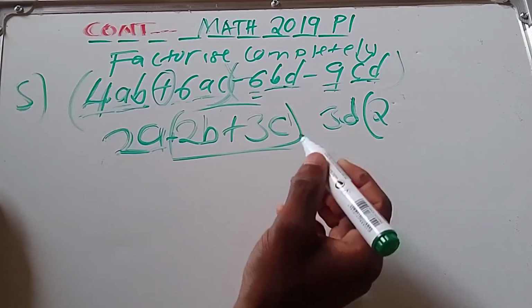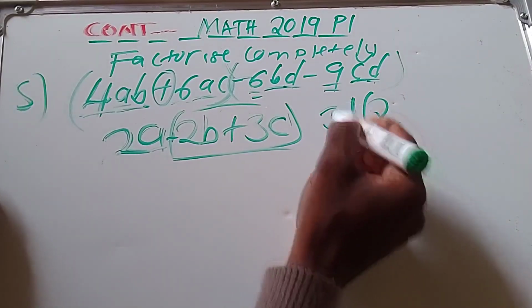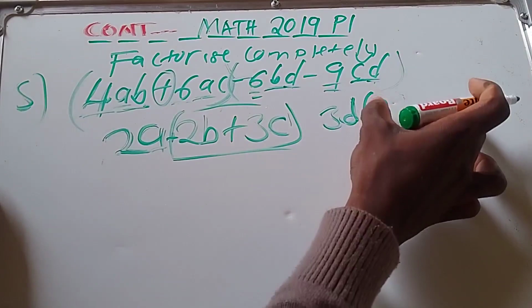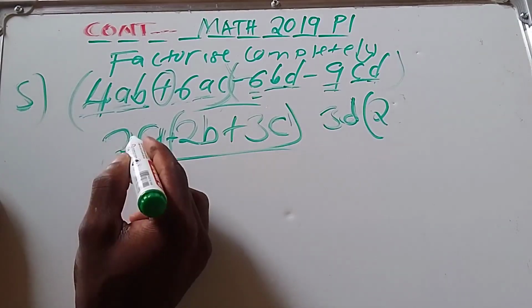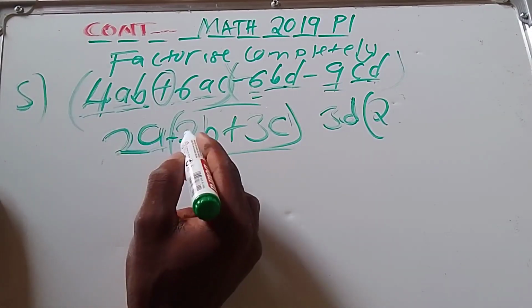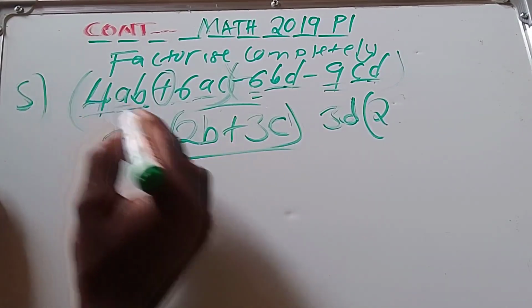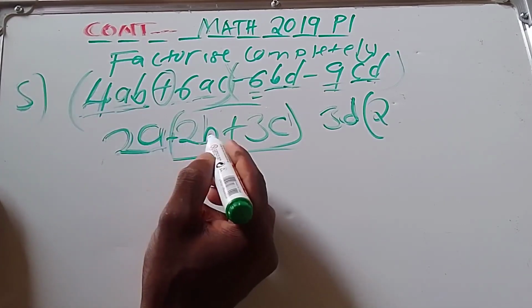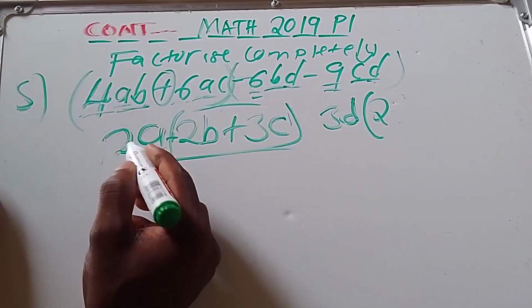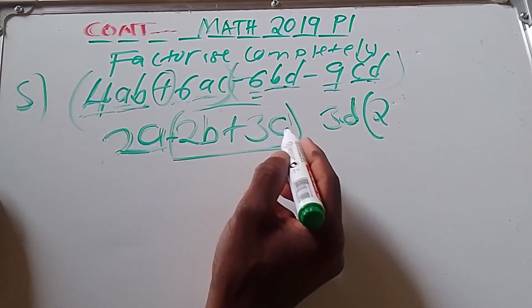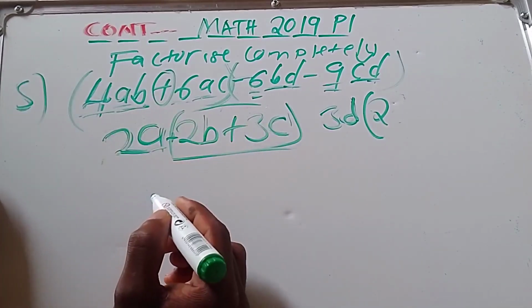So if you multiply this times what you're going to have, it must bring you back to this one. If you say 2a times 2b, you are going to have 4ab. If you say 2a times positive 3c, you are going to have 6ac. Have you seen?